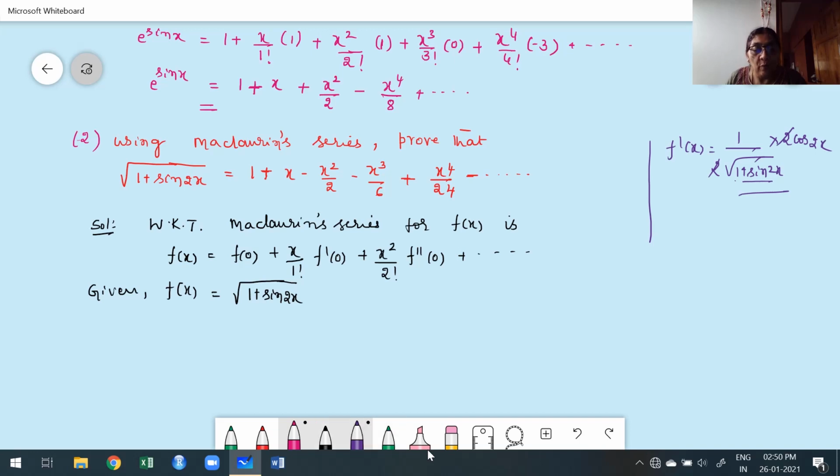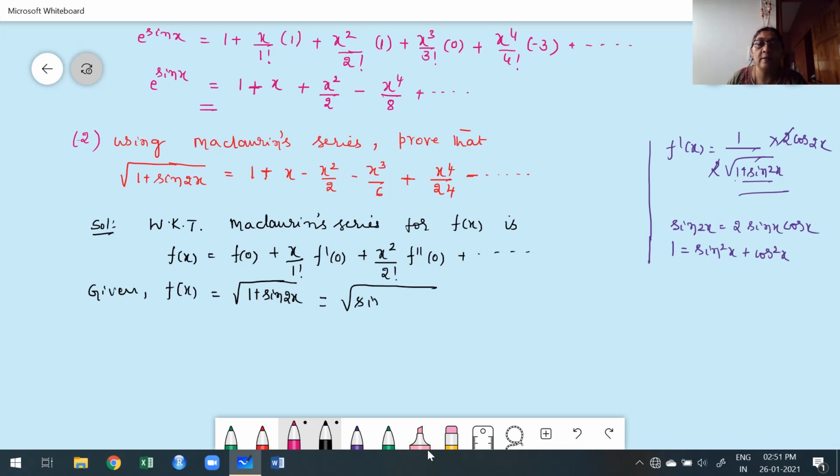Therefore, before moving to the derivative, if possible, I have to simplify. Yeah, it's possible, because you know that sin 2x can be written as 2 sin x cos x, and 1 can be written as sin square x plus cos square x. Now once you write these things here, what happens?